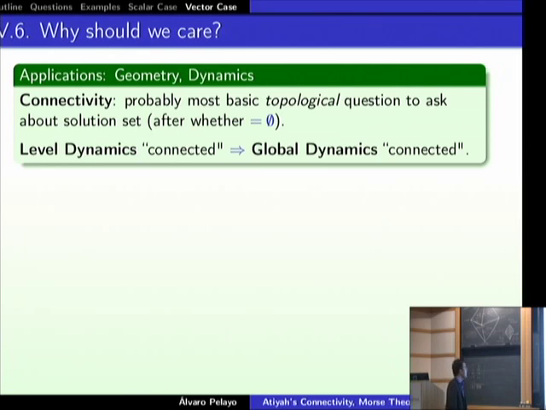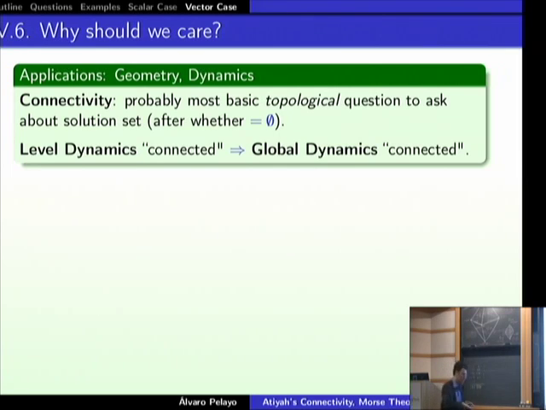And also, there is an interesting corollary. Suppose that you consider your equations independently, and suppose that for some reason you know that each of these equations defines a connected object. Now, if you put all of them together and you can prove that the solution set of all of them together is connected, then what you have proven is that the union is connected.